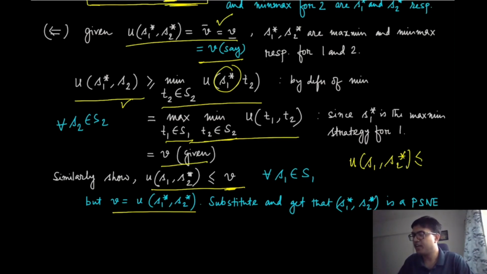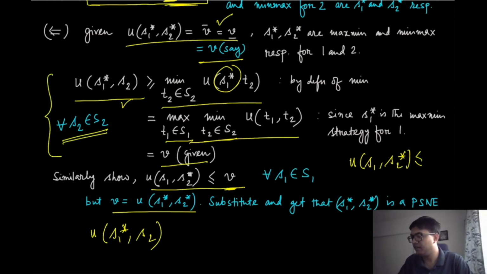Now if you just write that down, what did you get here? S1 star comma S2, and notice that this is for any arbitrary S2. This whole implication that we have shown holds for any arbitrary S2 that you pick. So that is going to be greater than or equal to U of S1 star comma S2 star.